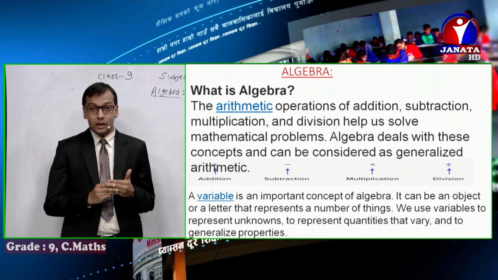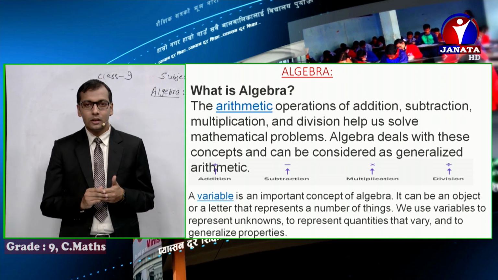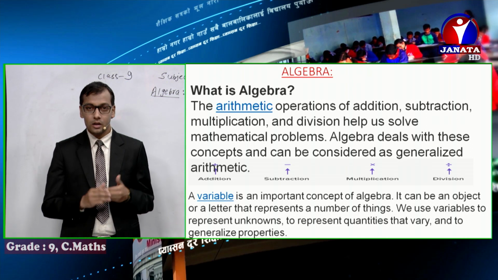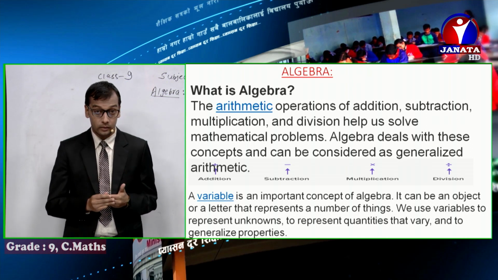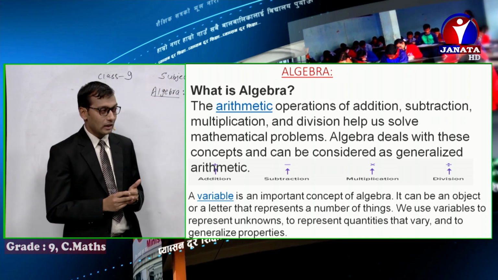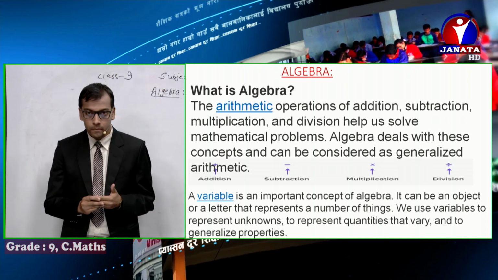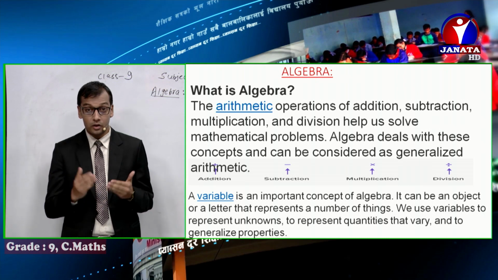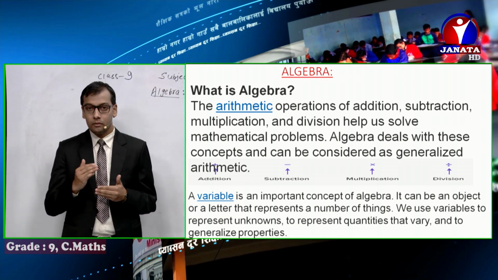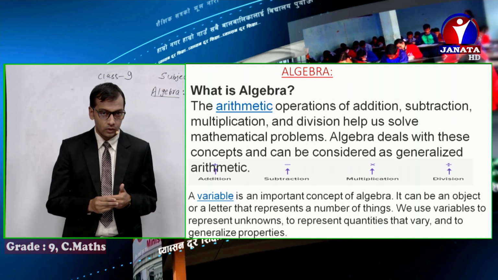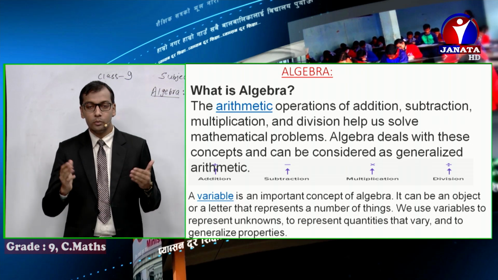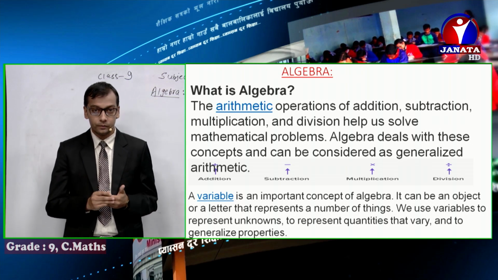If we talk about the different terms that we use in algebra, there are various terms, like variable. What is variable? What is the concept of this? What is the meaning of constant term? What is coefficient? What are polynomials and all?